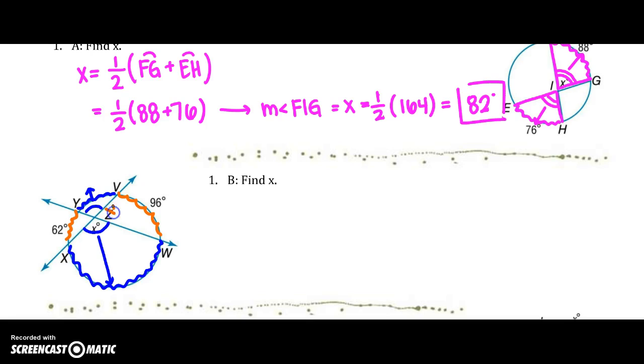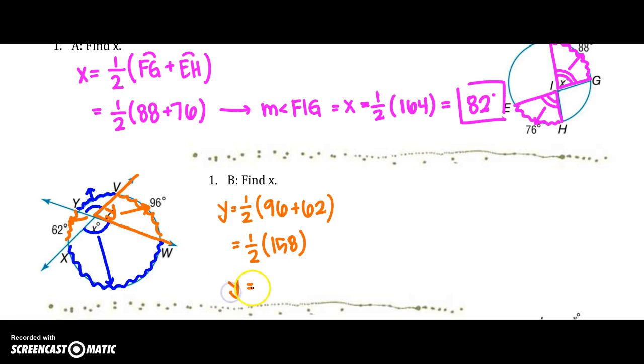I'm going to represent this angle as y, so I can use the arcs that they give me. When I get finished with that, I can do one more step to get angle x. So y equals 1/2 of 96 plus 62. So I'm going to take 1/2 of 158. So y is going to equal 79 degrees.